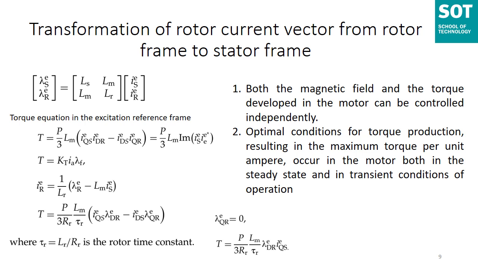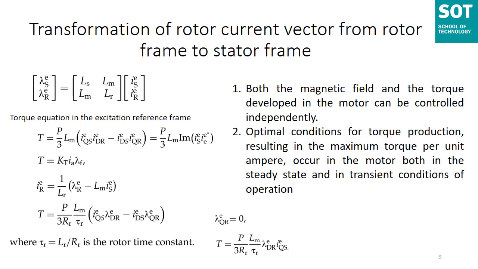Putting this value of current, we get the torque expression in terms of P by 3R, Lm by tau R, in terms of the current and the fluxes for the D and Q reference frame of DC quantities. This tau R is nothing but the rotor time constant.